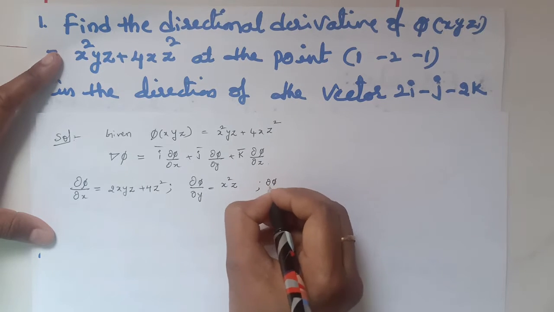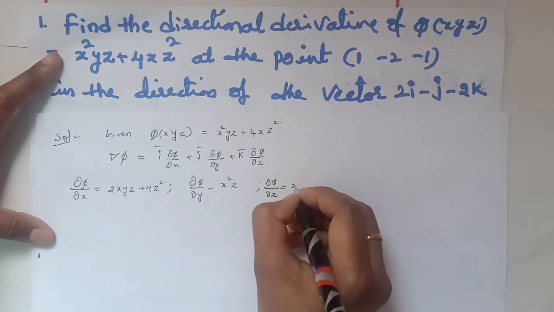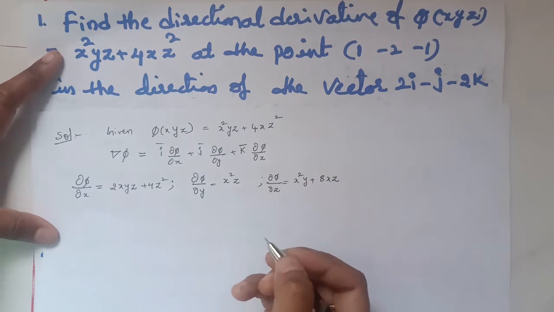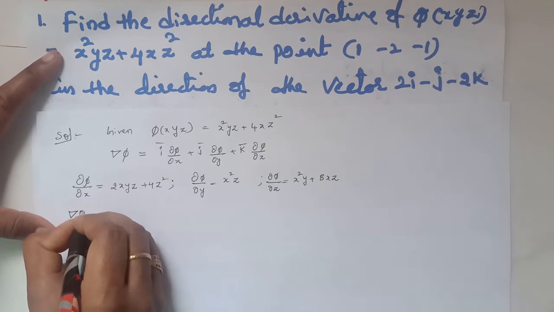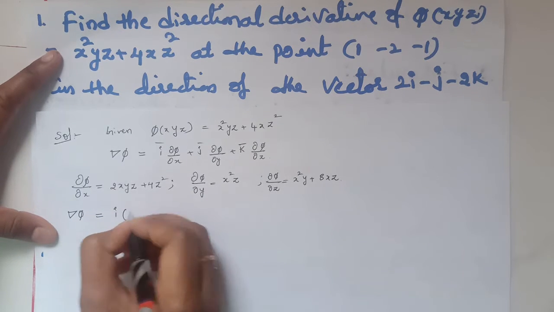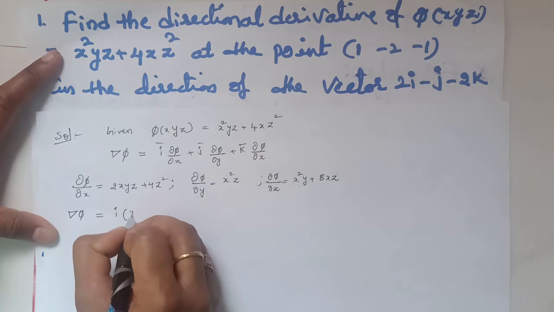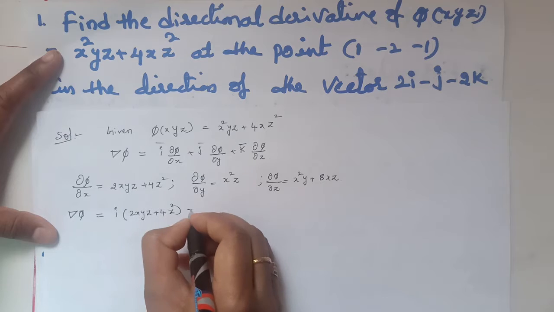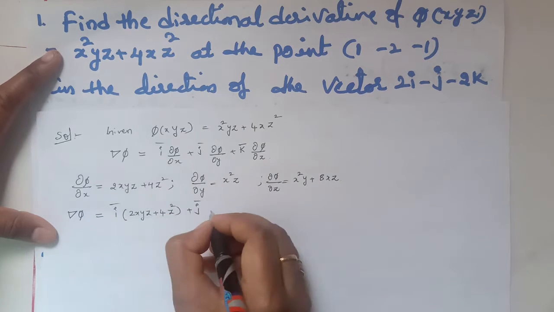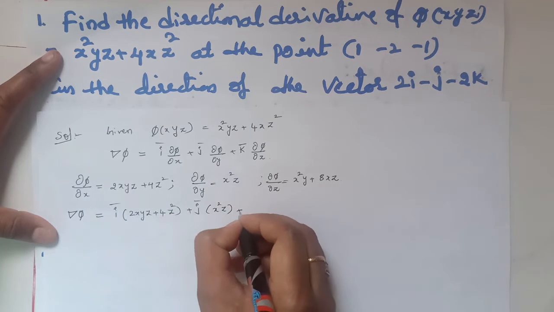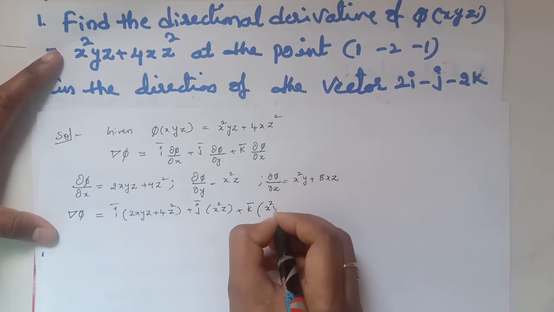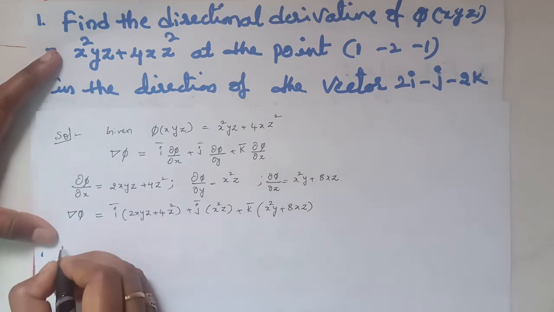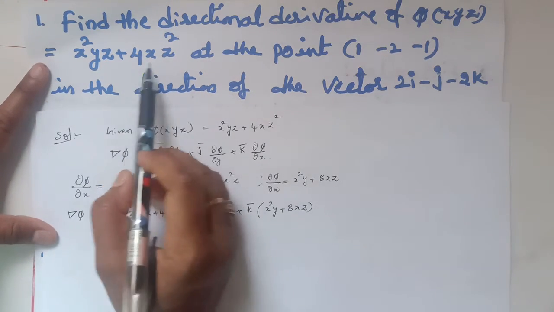Dou phi by dou z is x squared y plus 8xz. Now del phi is equal to i into (2xyz plus 4z squared) plus j into x squared z plus k into (x squared y plus 8xz).